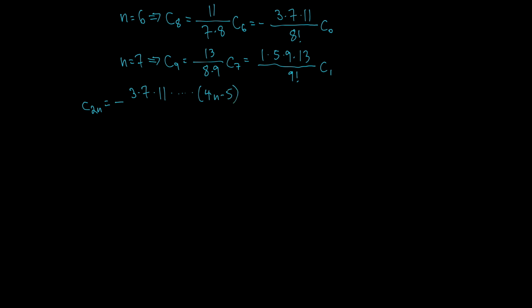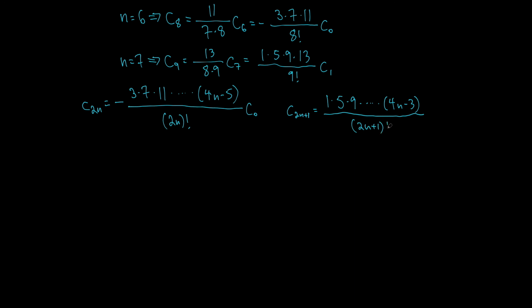And we'll put that over the even factorial, 2n factorial, times C0. And then our odd term coefficients are 1 times 5 times 9, and so on, with a general term of 4n minus 3. And that's over 2n plus 1 factorial times C1.